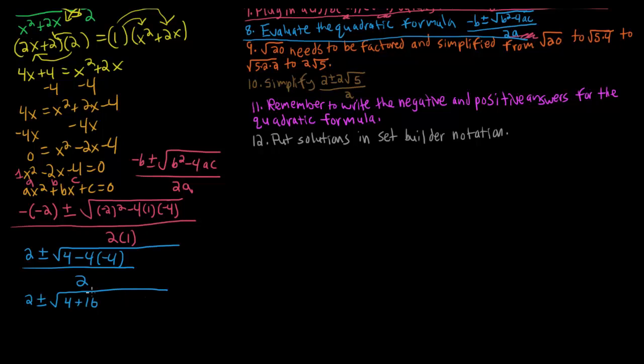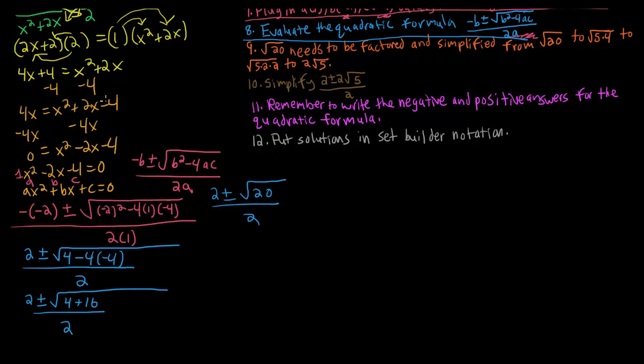Then we end up with 2 plus or minus the square root of 4 plus 16, which is just 20, and that's over 2.